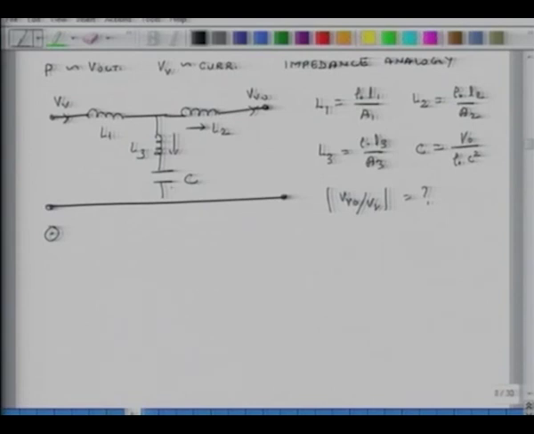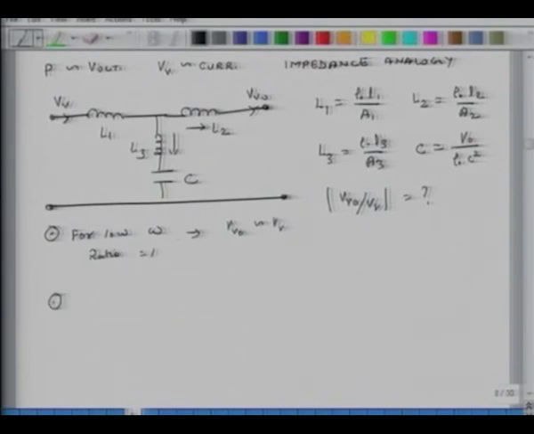It will be virtually zero, because impedance offered by C will be very high. So for very low omega, Vvo is approximately equal to Vv. So my ratio is 1.